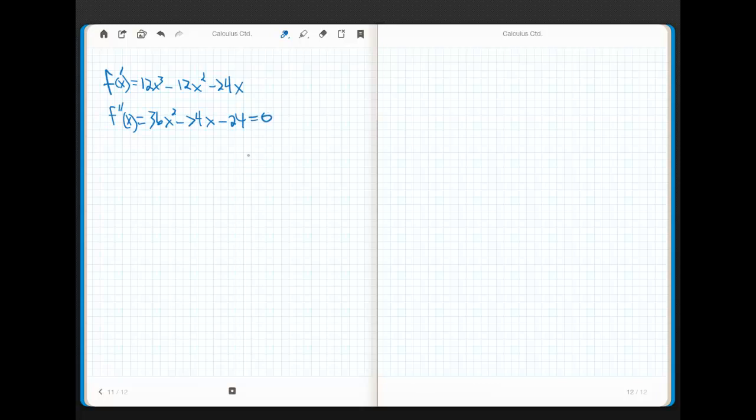Set it equal to 0. Why do I do that? So I can solve for critical points, right? Always. Remember, critical points are defined as any place where the first derivative equals 0 or isn't defined. And by setting it equal to 0, that gets me halfway home. Okay, if I factor out a 12, this equals 12 times x squared minus 2x minus 2, right?